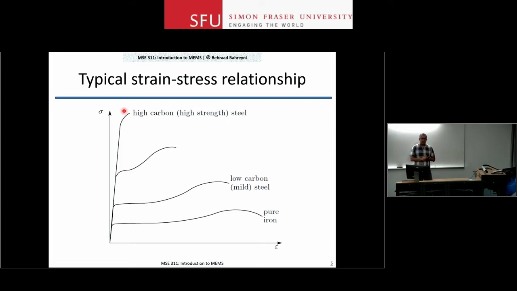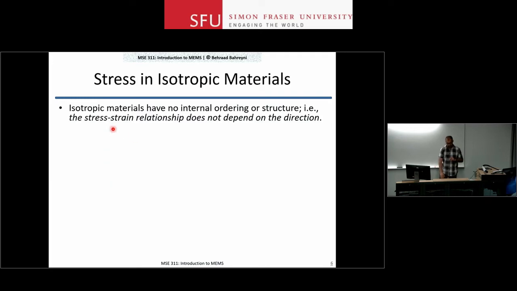You really don't see that much of a plastic deformation in these materials. They just show a fairly linear relationship between strain and stress, and then they fail. Silicon is one such material, so it is important from that point of view. So for strain-stress relationship for silicon, you mostly see this linear region and then failure if you put too much stress on the material.